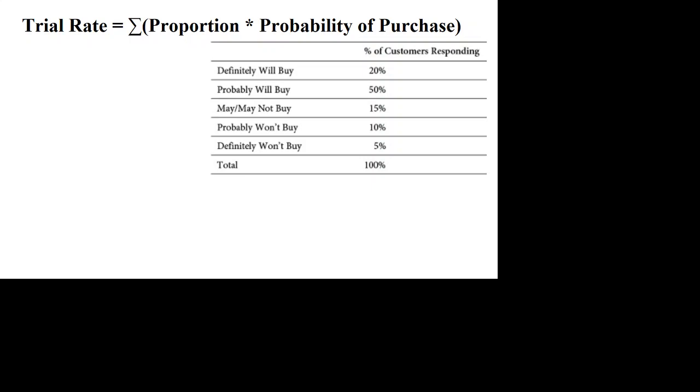Okay, we know, or we can know from historical data, what percentage of those who say definitely will buy actually do follow through, because a lot of people will say one thing and do something different. So 20% of your customers you surveyed said they definitely will buy. That doesn't mean that every single one of those are actually going to follow through.